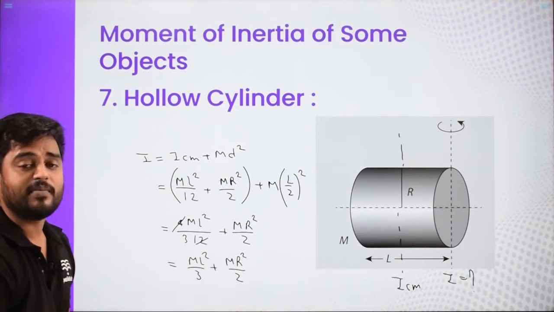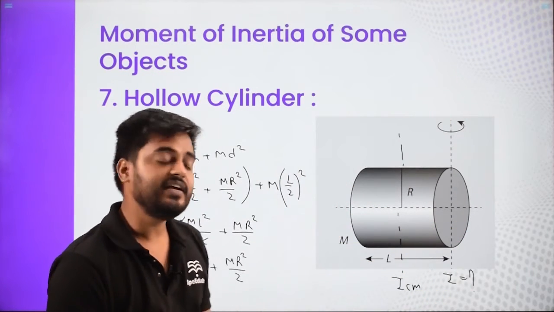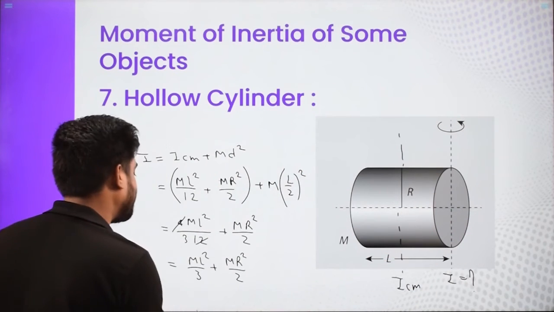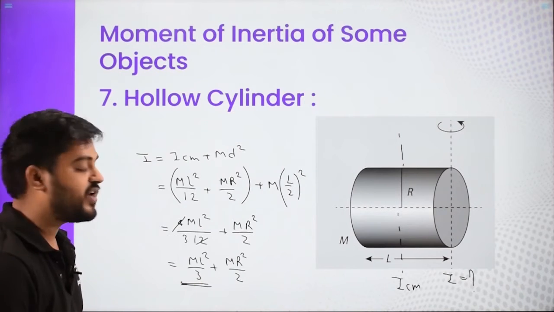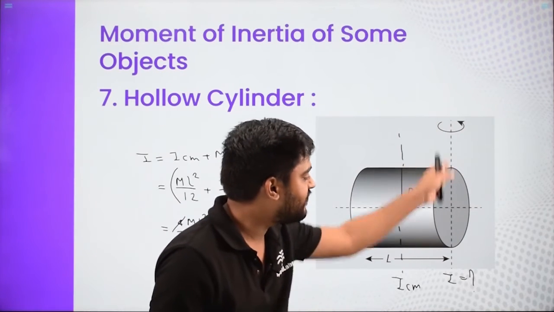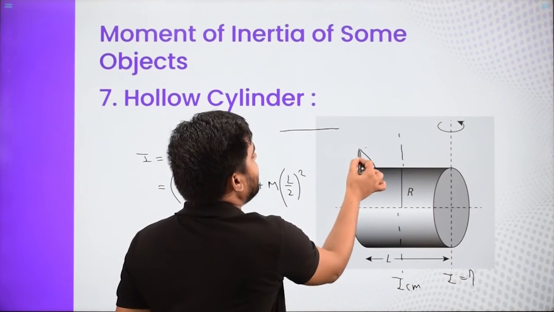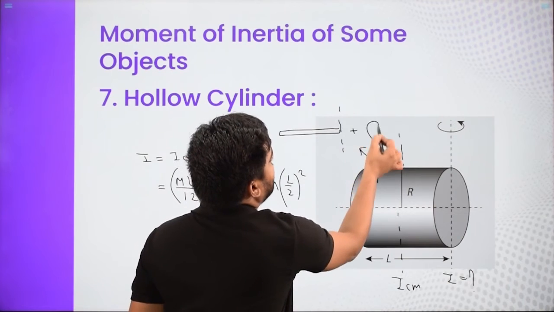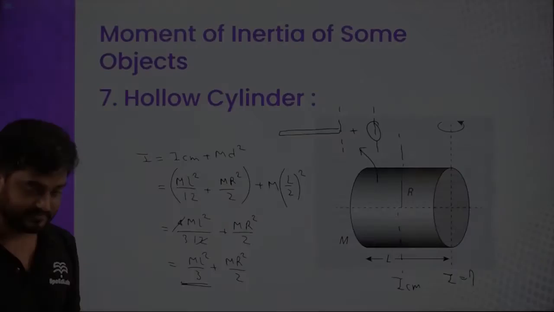Again, when you think about this axis, it is like a diametrical axis for the ring, and for the rod, it is the axis passing through its edge, and the moment of inertia of a rod about its edge is m L square by 3. So again, you can say it's the addition of the rod and this axis plus the ring and this axis. So that is what the moment of inertia is.